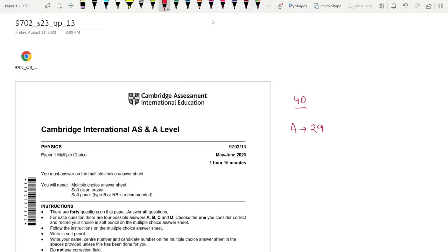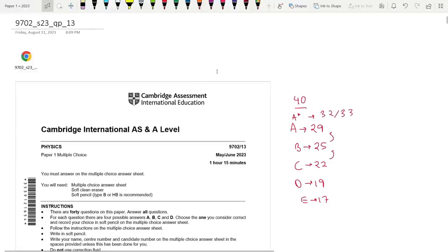A was at 29, B was at 25, C 22, D at 19, and E at 17. So as you can see from the marks, A star should be at around 3 to 4 marks greater than this. So maybe either 32 or 33, somewhere around there. A star should be there, okay? Without further ado, let's begin.